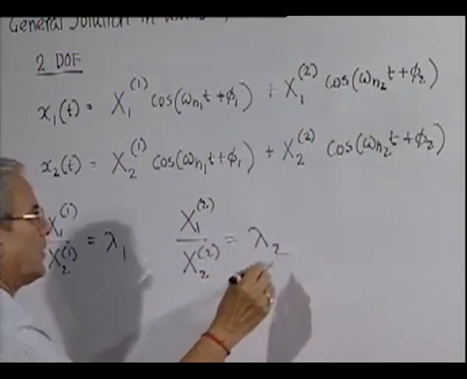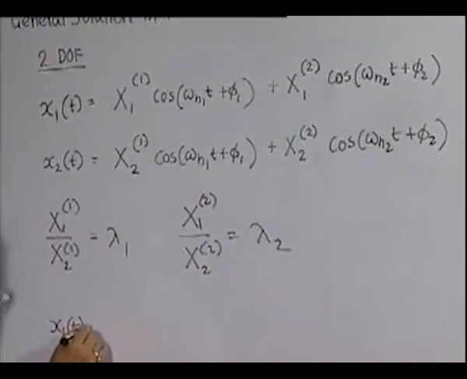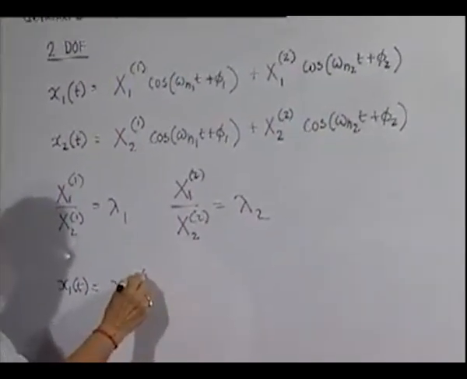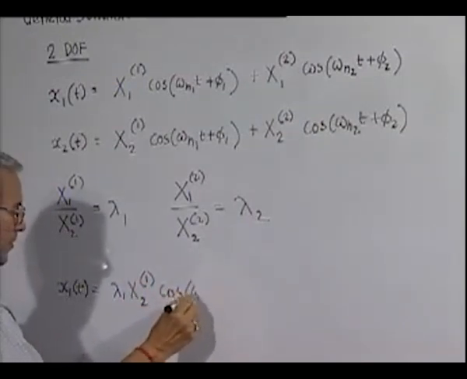We know of course that x11 by x21 is a quantity lambda 1, and the mode shape in the second mode will be another quantity.